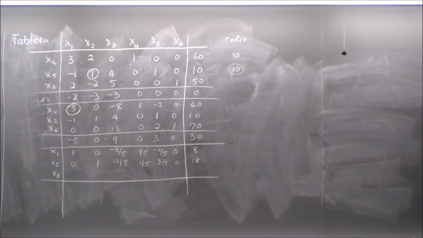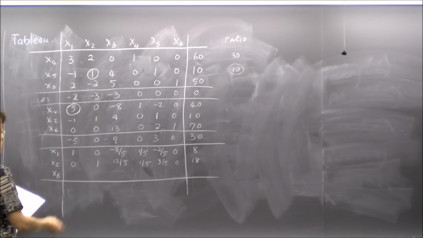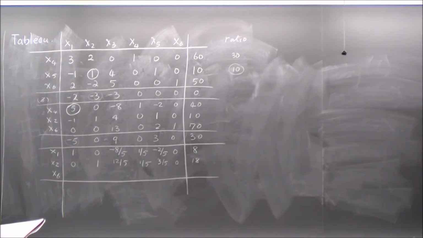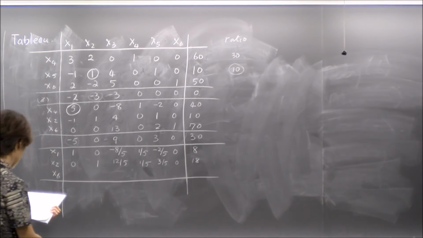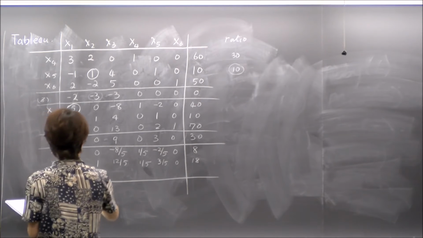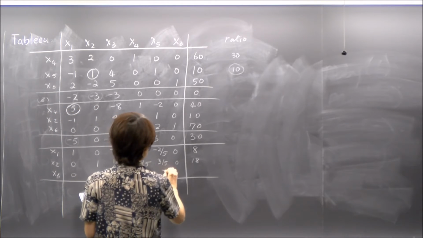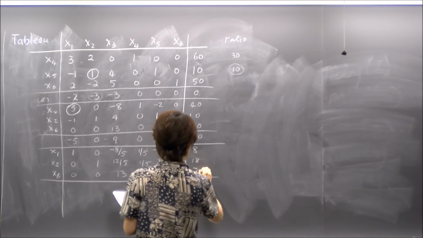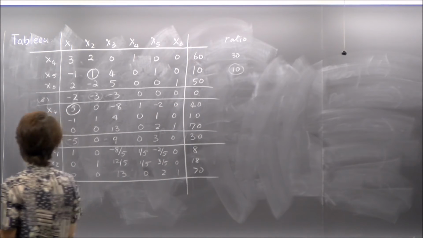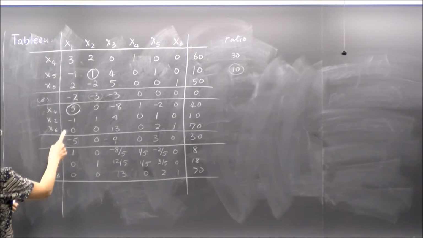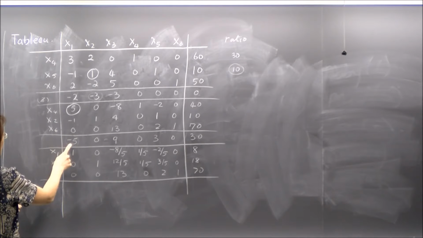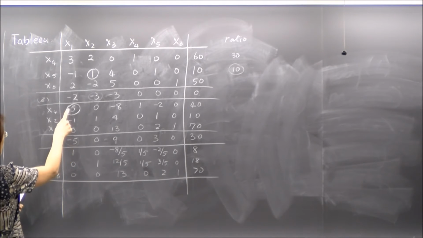It's not too bad? Okay, so the last one, it's already 0, so just copy it, right? So let's do that. So 0, 0, 13, 0, 2, 1, 70. Nothing to do here. Okay, and the objective function, I need to make this 0. So I see this is conveniently the opposite.